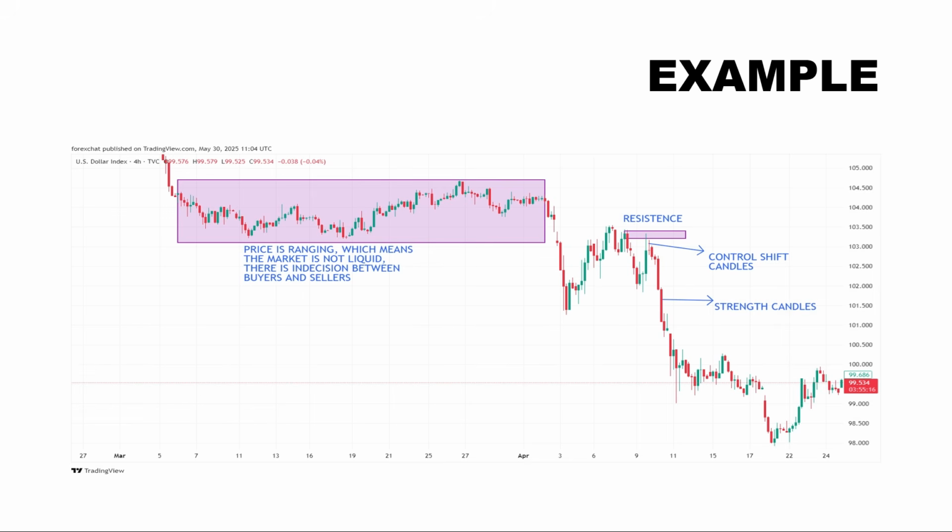And I deliberately left this part out so that only the guys who watch this video to the end can know this. The most important trick is the higher you go with time frame, the more relevant these things are. So you can only talk about indecision, strength candles and everything on high time frames, right?